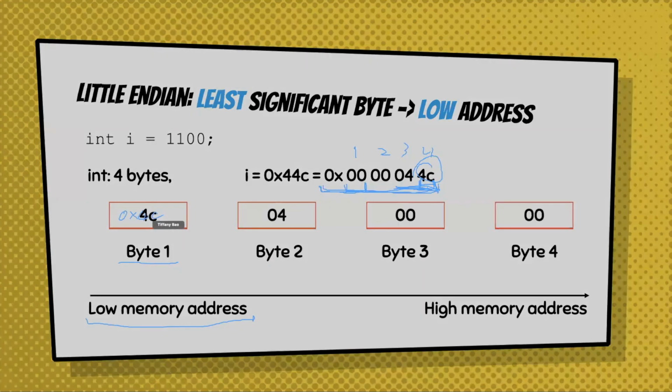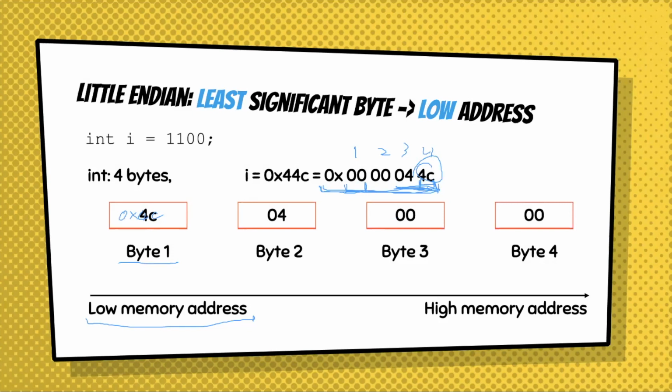And similarly, the other bytes will go to their correlated locations. So this is what is called little endian. This means that the least significant byte will go to the low address. And this is exactly what is represented in x86-64.